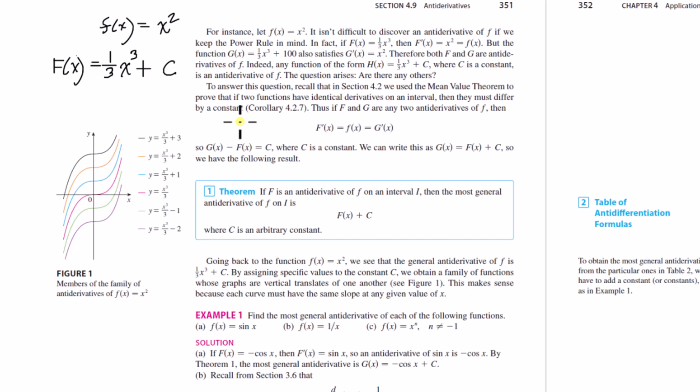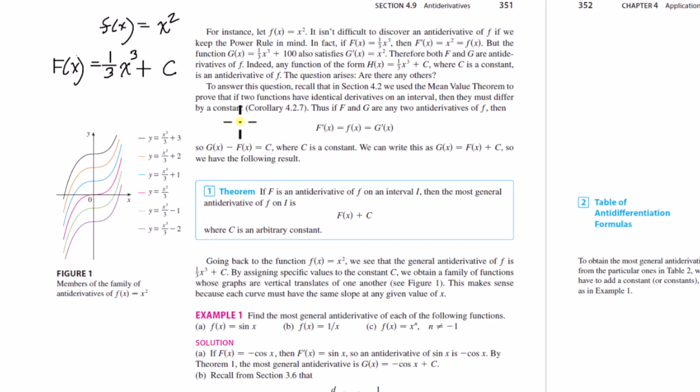If you have two different functions and their derivatives are the same, either over all real numbers or just over a certain interval, then if you subtract those two functions, not the derivatives, it's going to be a constant. If it's the same function, you subtract them and get 0. But if they're different functions with the same derivative, you're going to get a constant value every time, no matter what. That's what was proved in section 4.2.